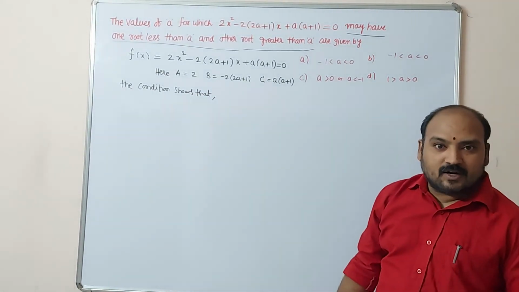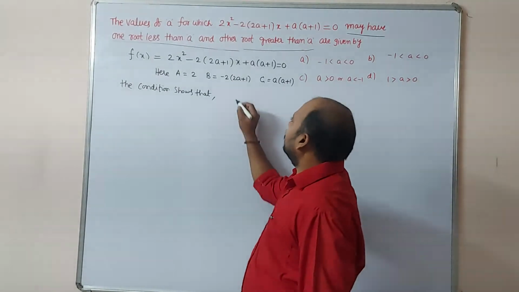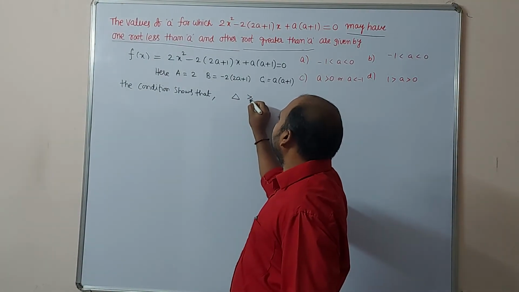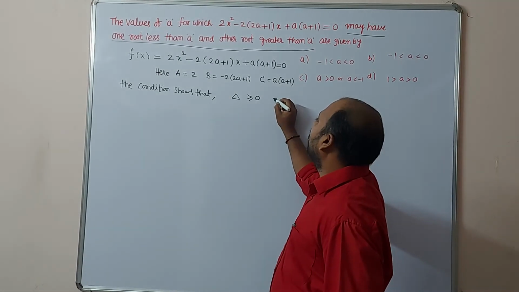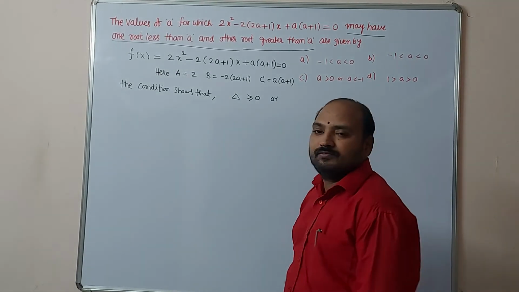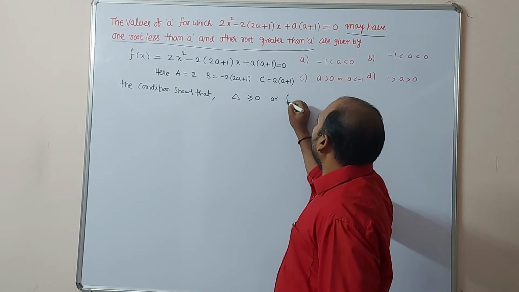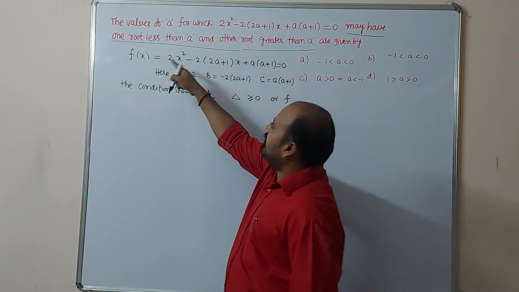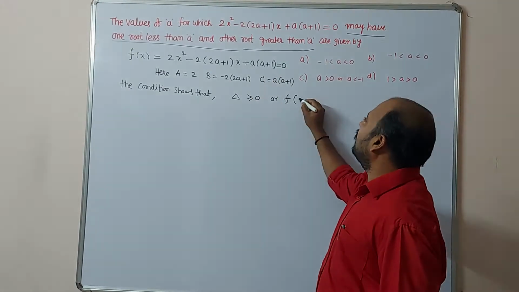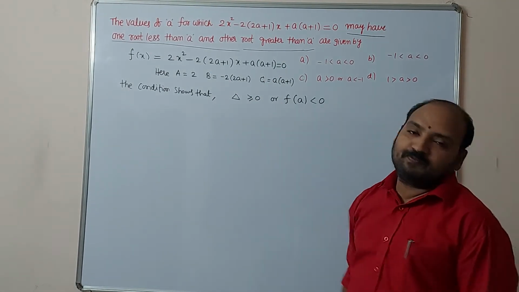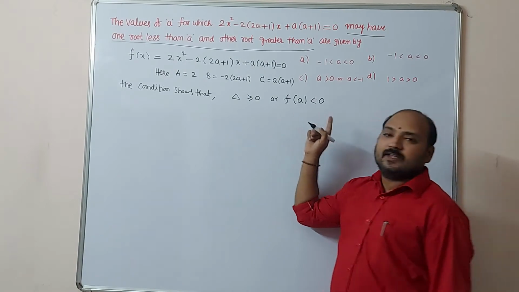The discriminant of the quadratic equation is greater than or equal to 0, and a lies between the roots, indirectly it is given. So a satisfies that, so f of a should be less than 0. f of a is less than 0.